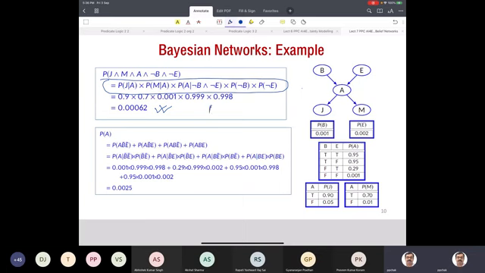One case would be this. Can anybody tell me what would be the other case? For not A. Right.